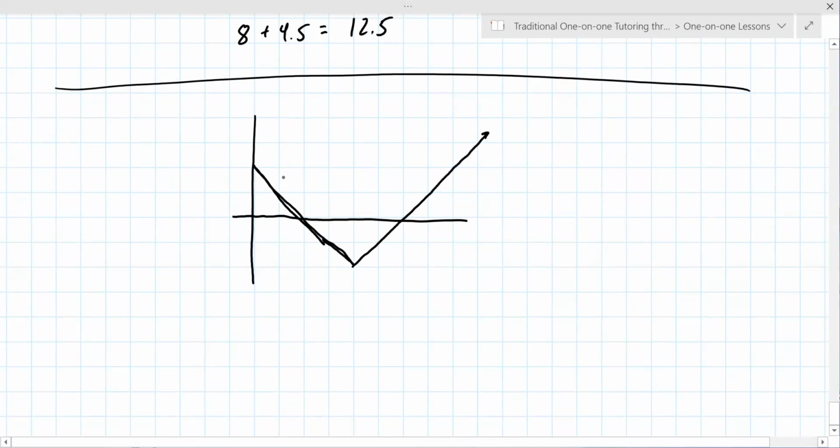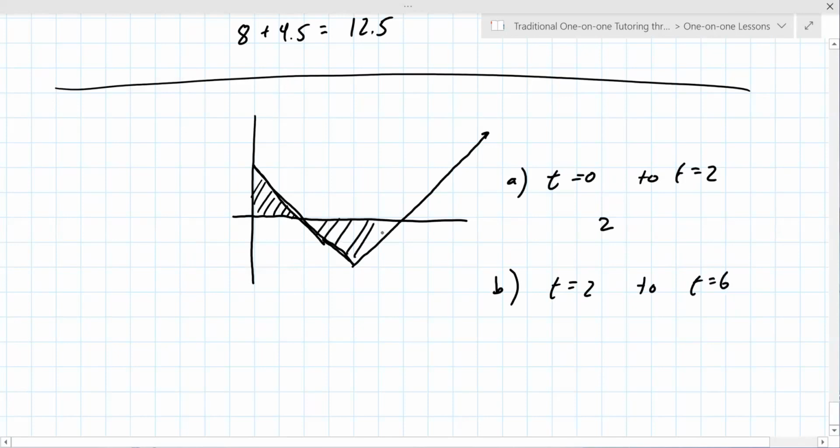Reasonably, it could ask you, part A is t equals 0 to t equals 2, and that's this first rectangle here, right? So that's 2. B though could ask, what's 2 to 6? And that's this down here, which ends up being 4.